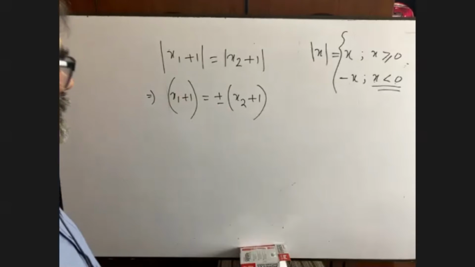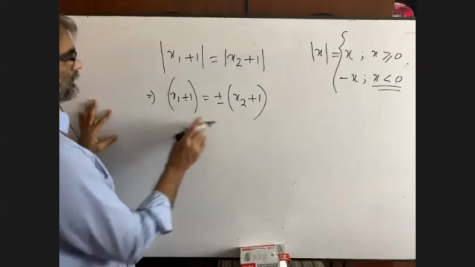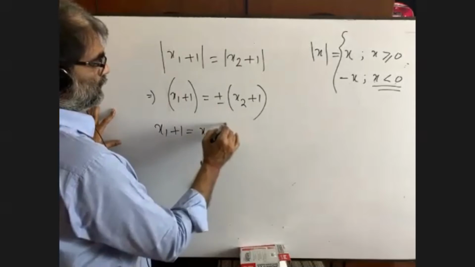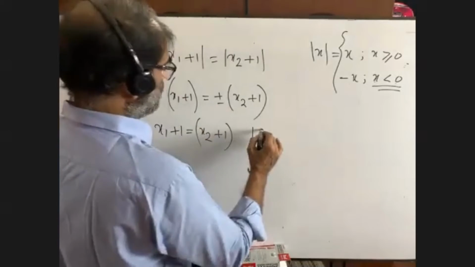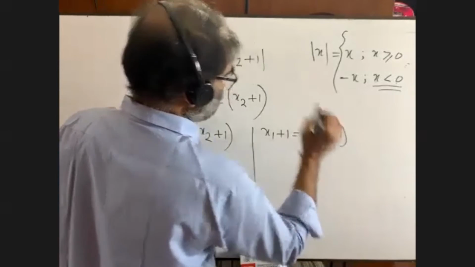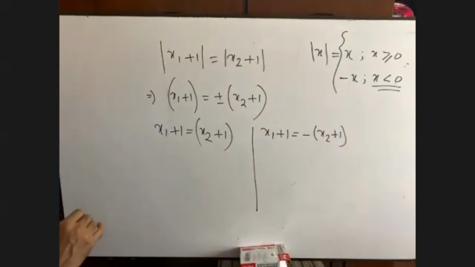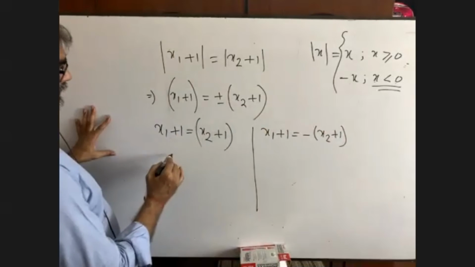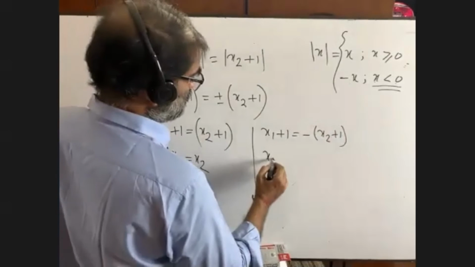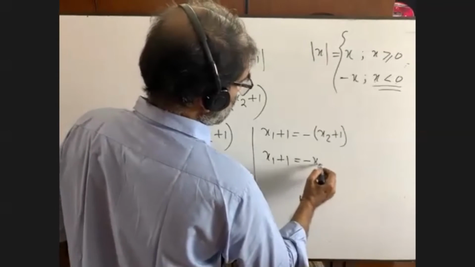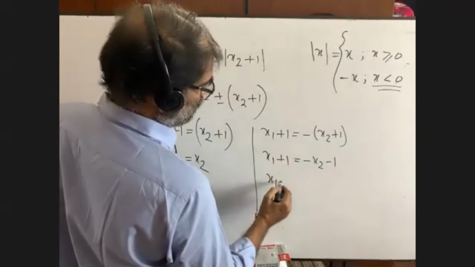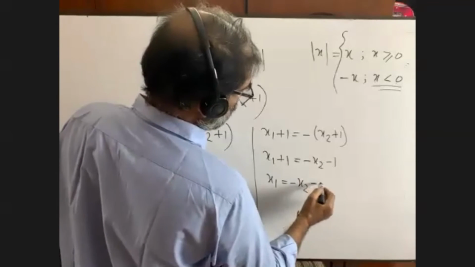So that means we are getting here x1 + 1 = x2 + 1, and here we are getting x1 + 1 = -(x2 + 1). From here the 1 will be omitted, that is x1 = x2. And here we are getting x1 + 1 = -x2 - 1, that is x1 = -x2 - 2.